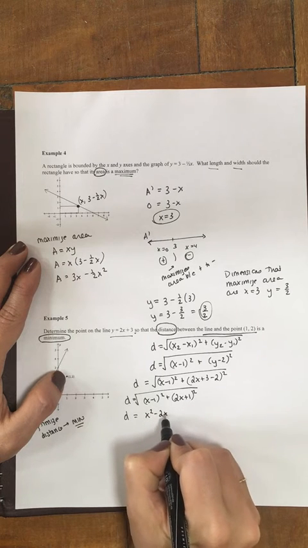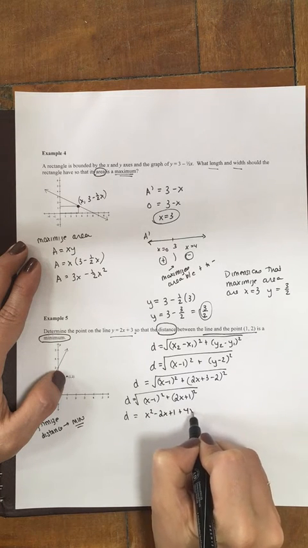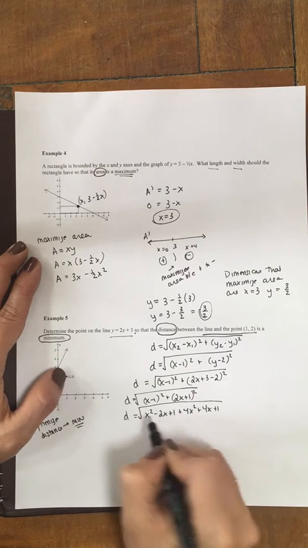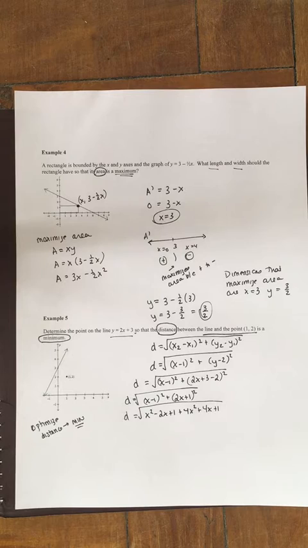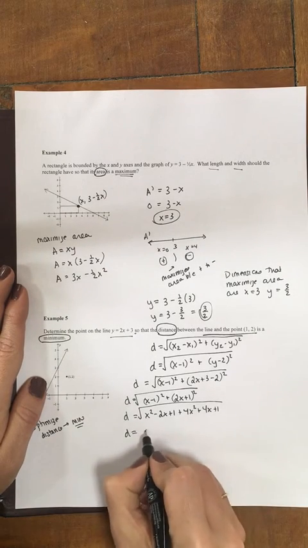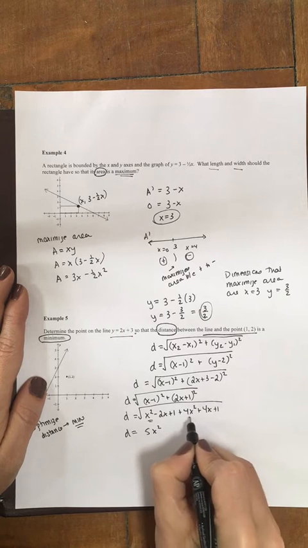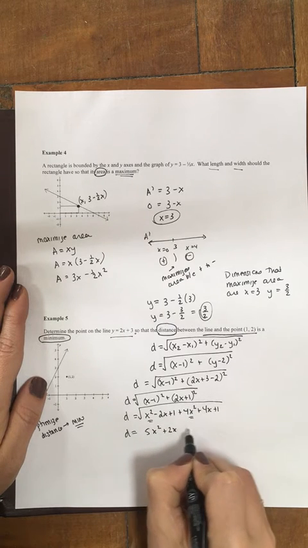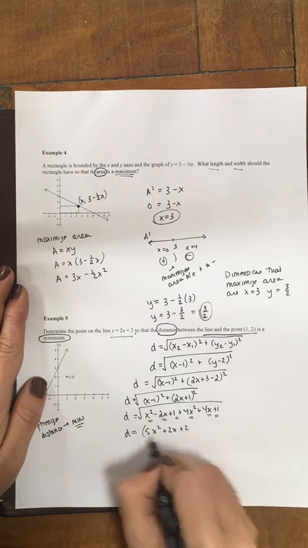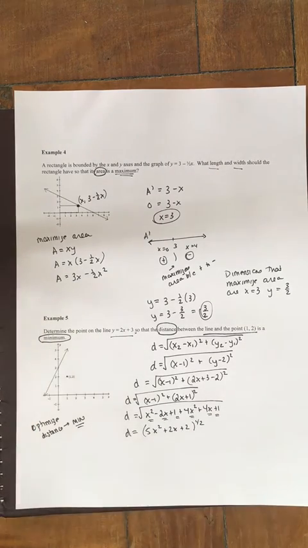X squared minus 2x plus 1, plus 4x squared plus 4x plus 1, all under a square root. We can do some combining of like terms. 5x squared plus 2x plus 2, and this is all to a power of 1/2. That's pretty good.